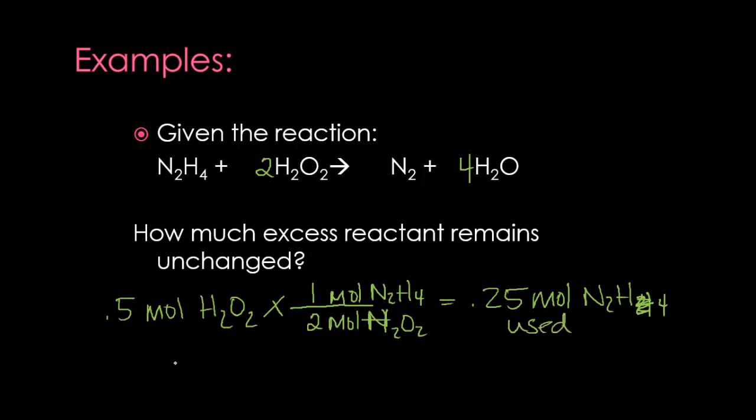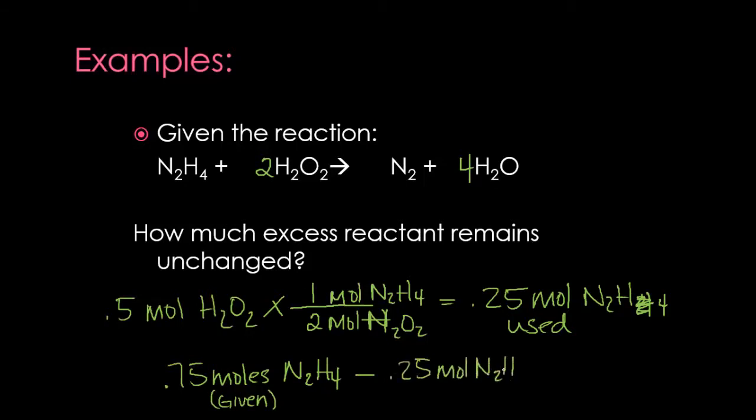To know how much remains unchanged, I just start with what was given, so 0.75 moles of N2H4. This is what was given from the previous. And I'm going to subtract my 0.25 moles of N2H4.